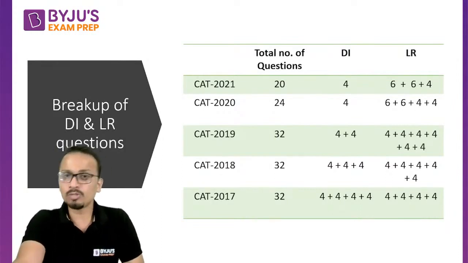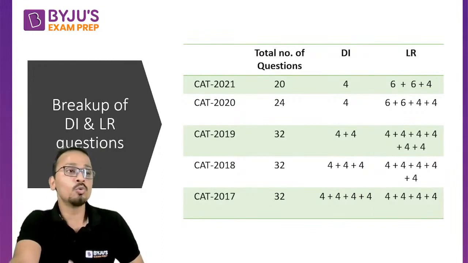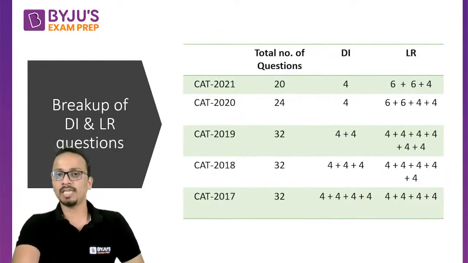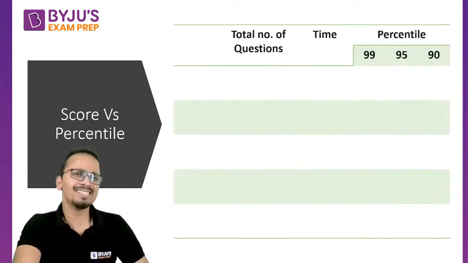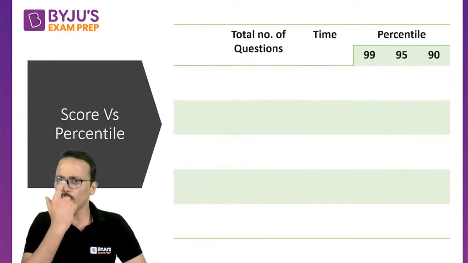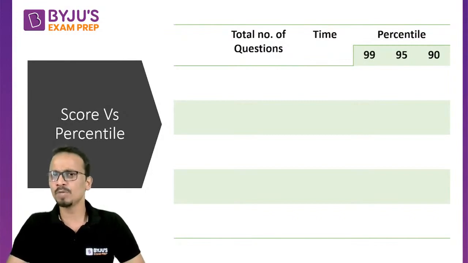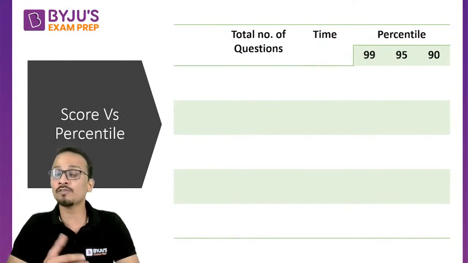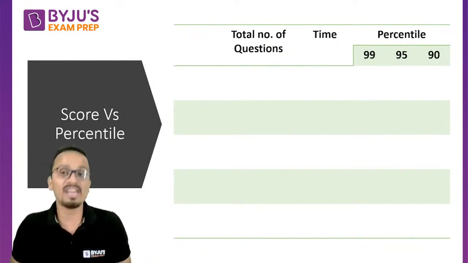Now let's talk about how much I need to score in order to get 90 plus percentile. I have also done an analysis in which you will understand at what score we can get 90 percentile. 90 percentile is sufficient to clear the sectional cutoffs of the top colleges. I'm talking about IIMs, I'm talking about FMS, right?